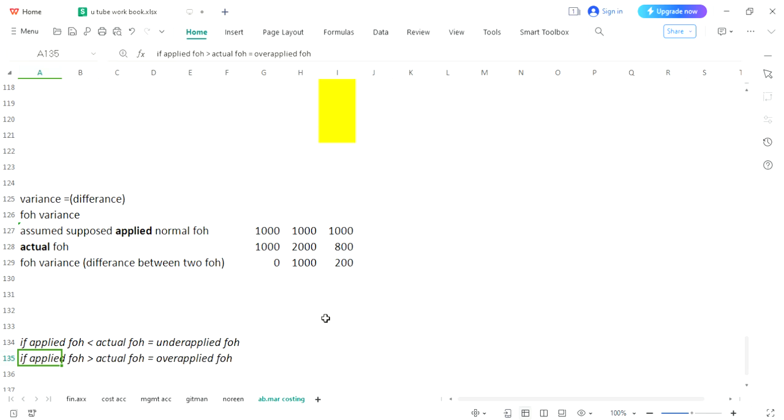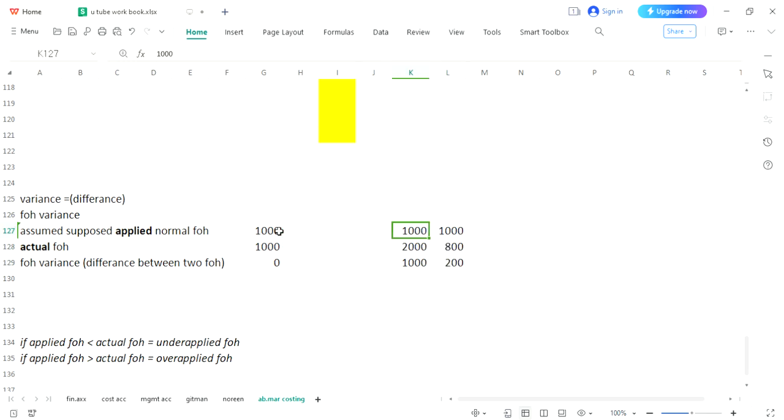Okay, again you will have to consider under applied or over applied. Now see over here, we can make a little space so that we can write it. Here you will write the second example, and you can take it over here.